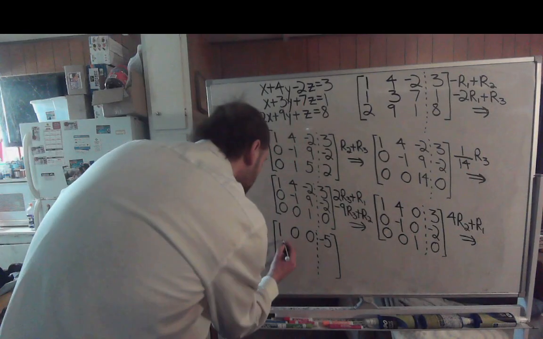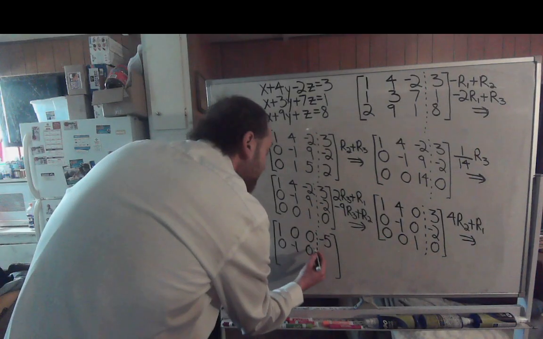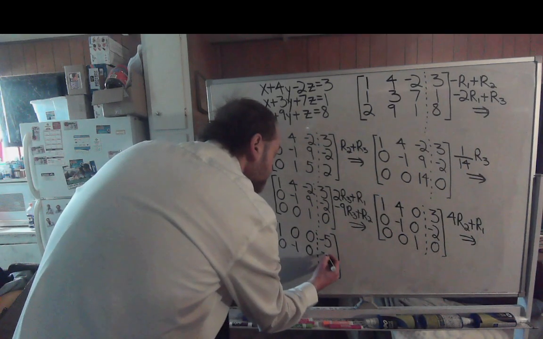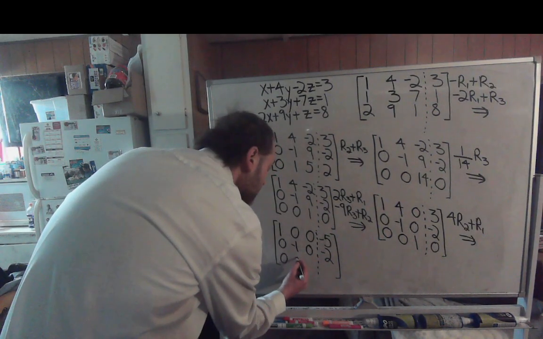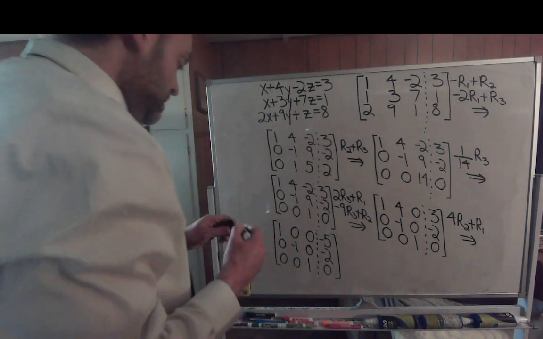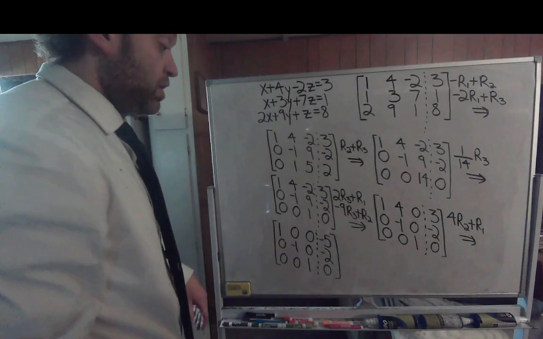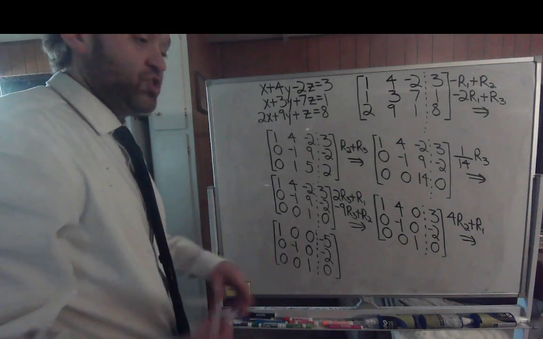And then you have rows 2 and 3. Okay. Well, the only thing left to do now, the leading digit in row 2 is a negative 1. It should be a positive 1.